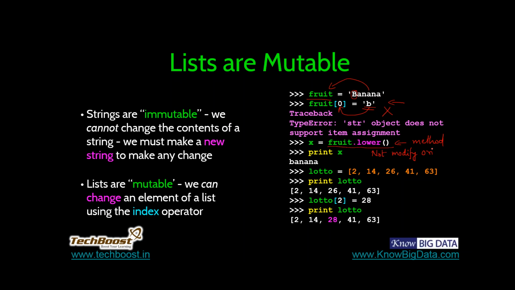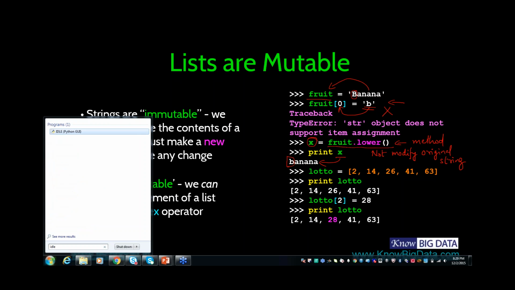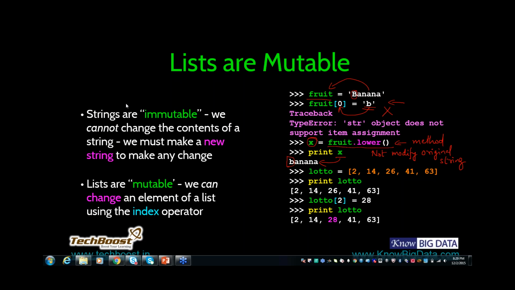It returns a new string. This method lower returns a new string which we have stored in the variable x. Now if we try to print x, we get banana, with b in lowercase.